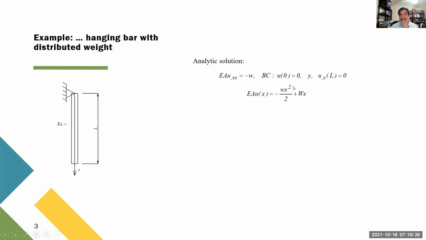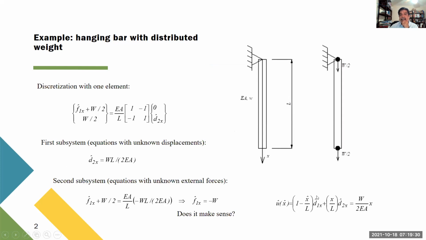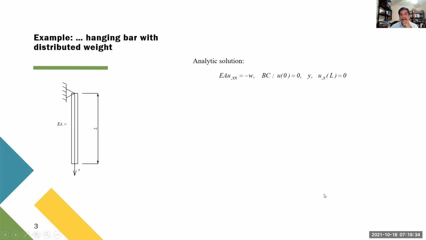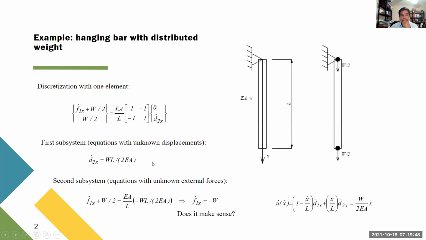That's a quadratic. And here, this is linear interpolation. That means that the solution is not exact. That's error. Now we can evaluate that at L, and this is the result. You see that that's the displacement at the second joint, and this is exactly this one.